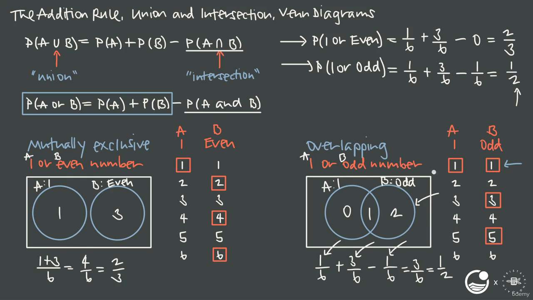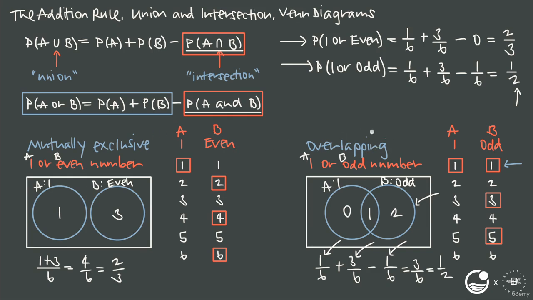So again, the whole idea here with this addition rule and this union versus intersection concept is just that we have to pay special attention to or be careful with this intersectional probability right here. Because when we're calculating the probability of one event or another occurring, we don't want to double count events that occur in both sets.